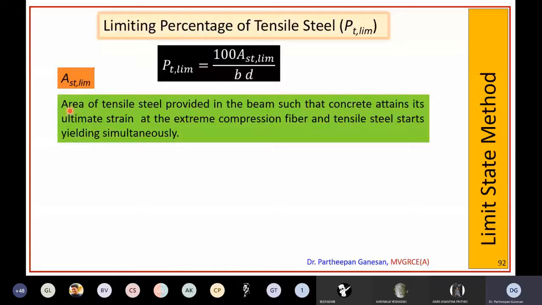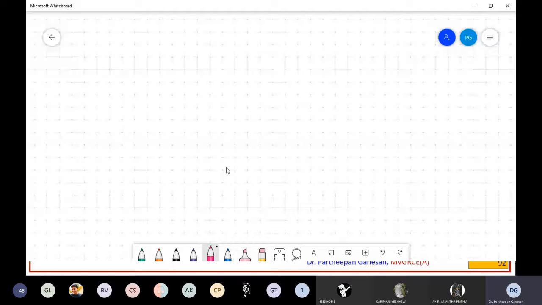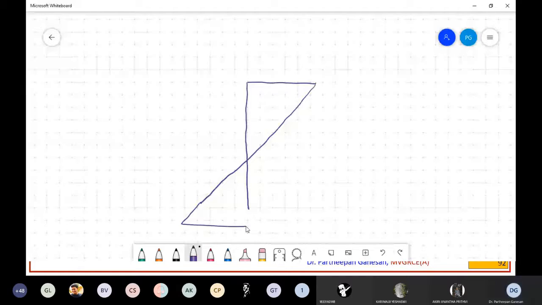So remember, in the strain diagram we saw this is epsilon Cu, 0.0035, the maximum strain in the concrete.